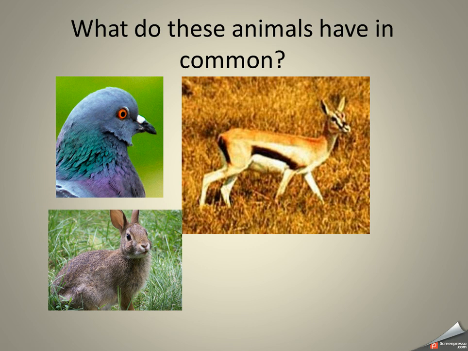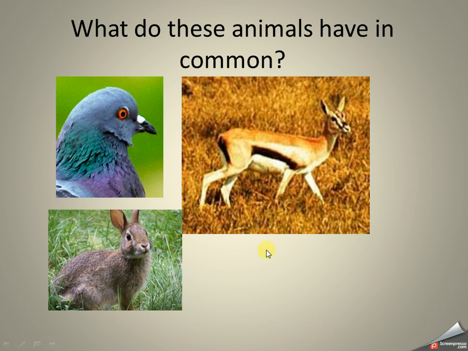Now, talking about vision, what do all of these animals have in common? I'm not going to wait for you to think about it because I've got to get through this video as quickly as possible, but you'll notice that all of these animals have eyes at the side of their heads. Why? It's because they'll be able to see predators coming. These are prey animals, not predators.